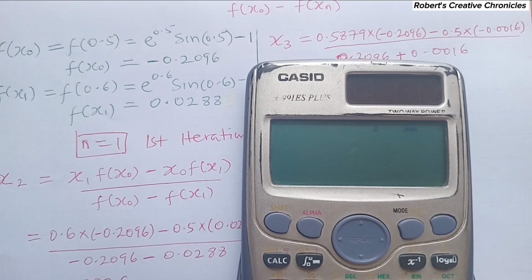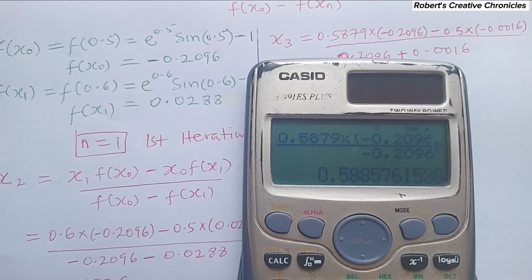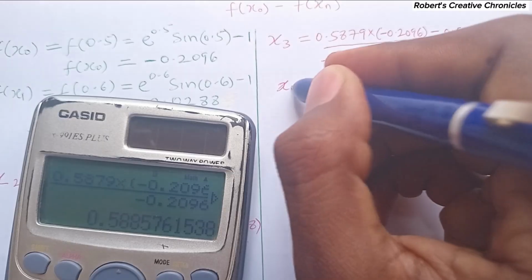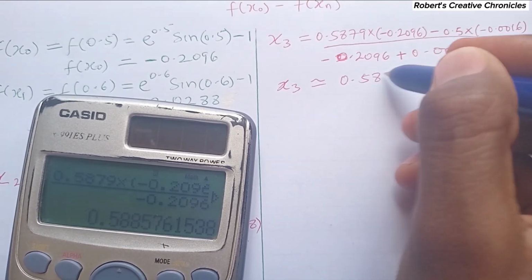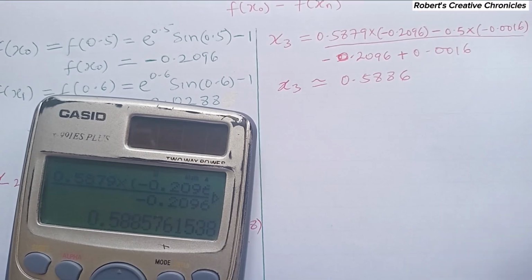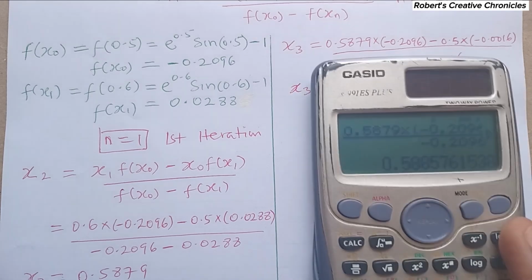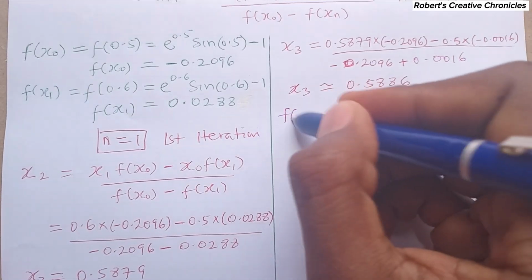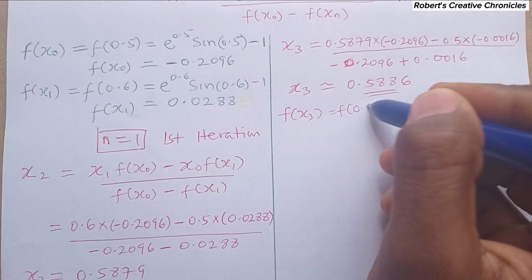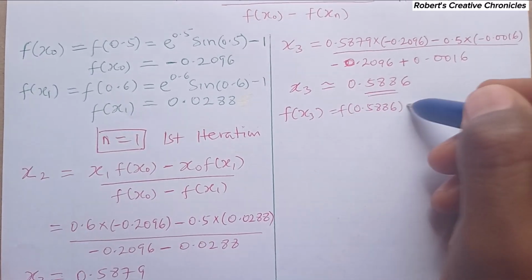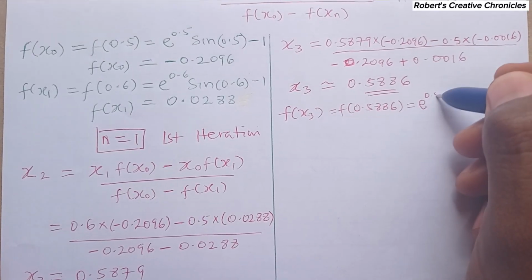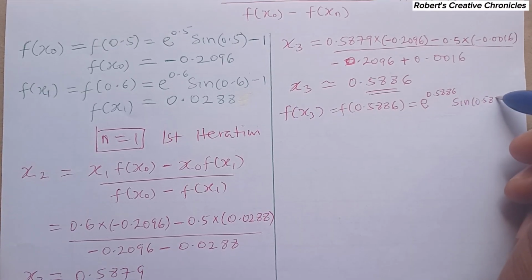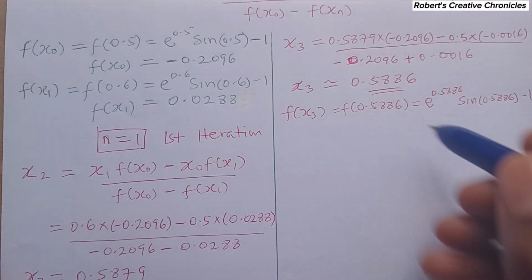So this is approximately 0.5886. So now we'll find the function of this. It will be exponent of this, sine of this, minus 1.